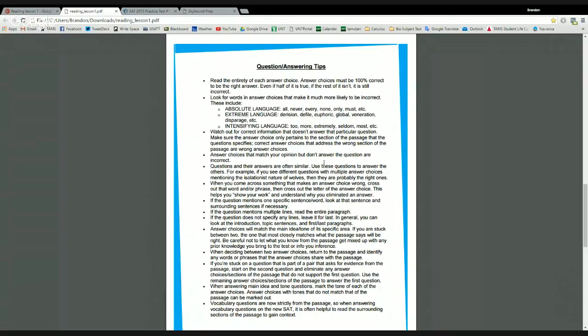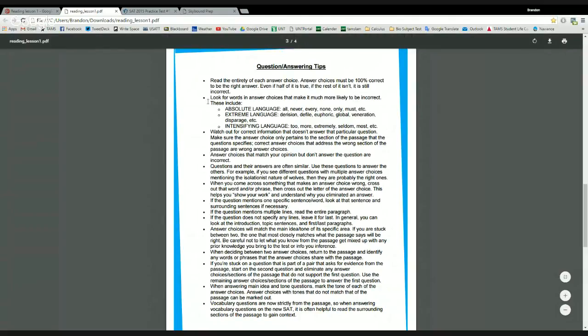And the key examples of words you can cross out, because they most likely are incorrect, are absolute language, extreme language, and intensifying language. Here's a list of a few, but you can look them up on Google, and you just have to memorize them or notice them in the answer choices.